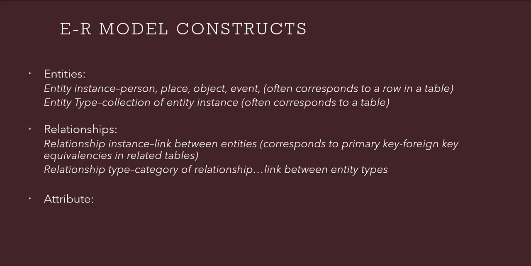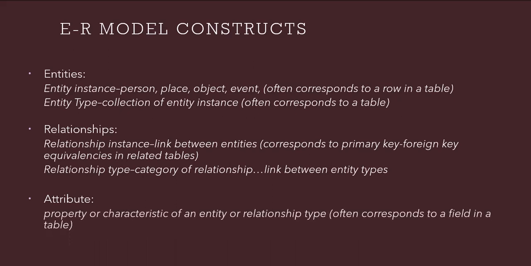Later, when we convert these entities into tables, we will link the two tables, or we can say when we create a relationship between the instances, we will do it using primary and foreign key. And relationship type is a category of relationship link between the entity types.